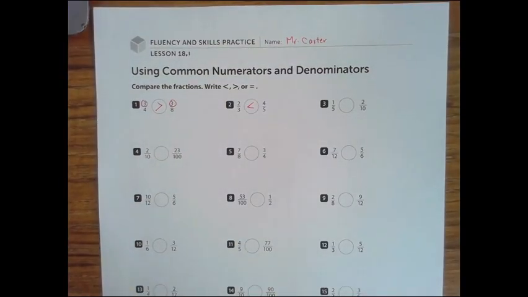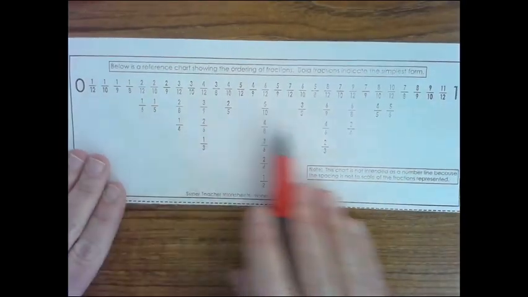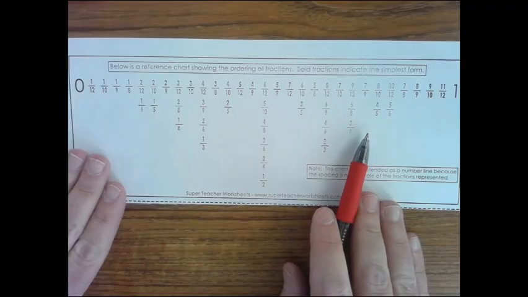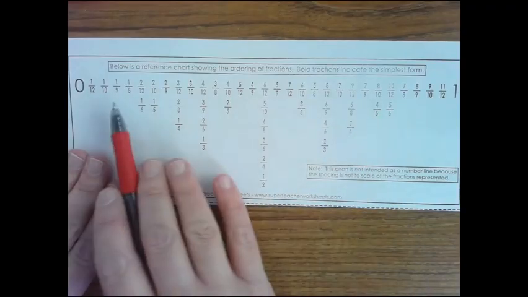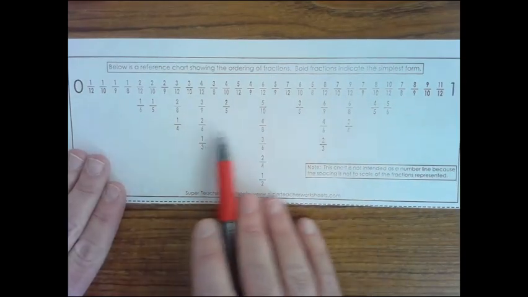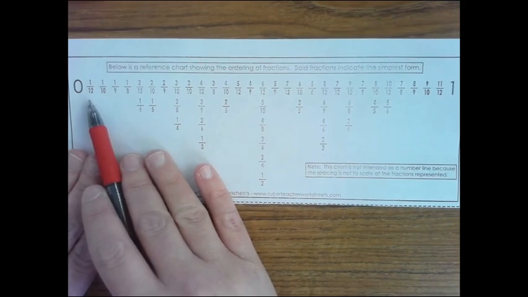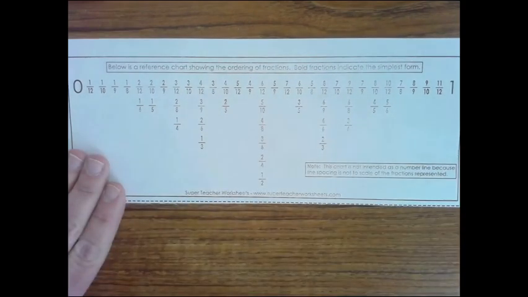Now I want to take out this tool because we've been using this in class, and I wanted to talk about it. We can use this to check our work. This is just a reference chart to show you where the fractions are in regards to each other, which is the smallest fraction and the largest fraction.